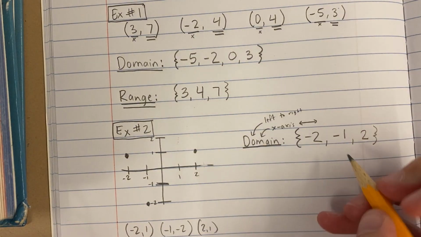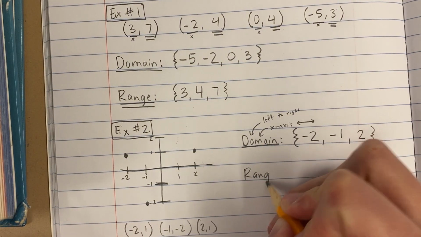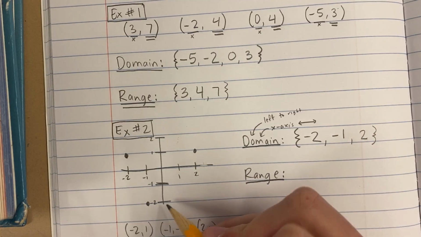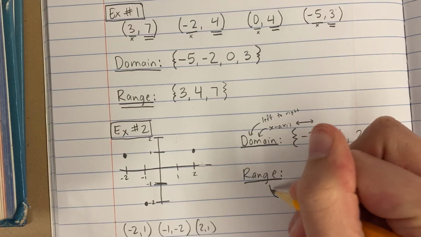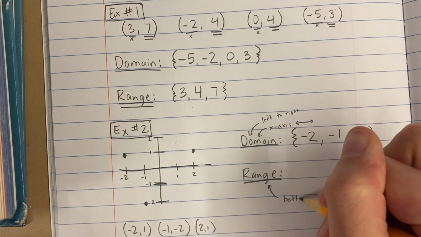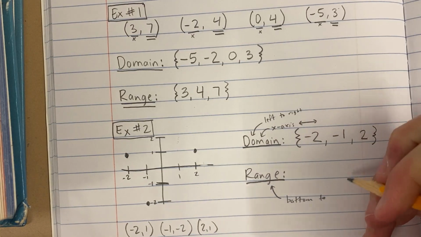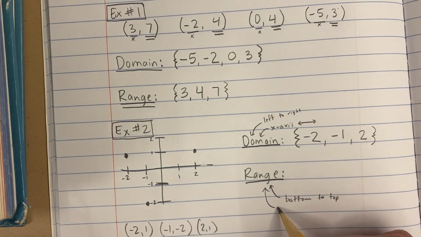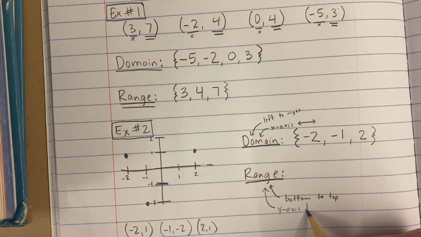Okay, and notice that's the same domain I would have gotten if I had pulled it from these points. Okay, now for range, I can also pull the range right off the graph. Now from this one, if I want to go least to greatest, I would go from bottom to top. And for this, if I want the y values, I'm looking at the y-axis. That's this line.